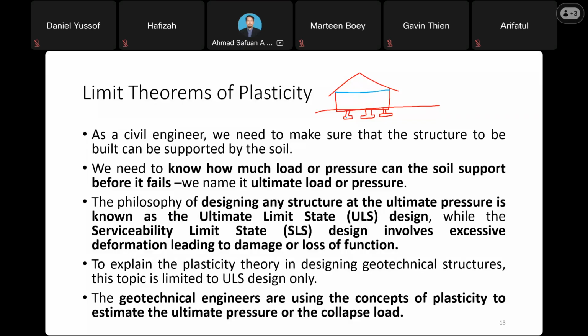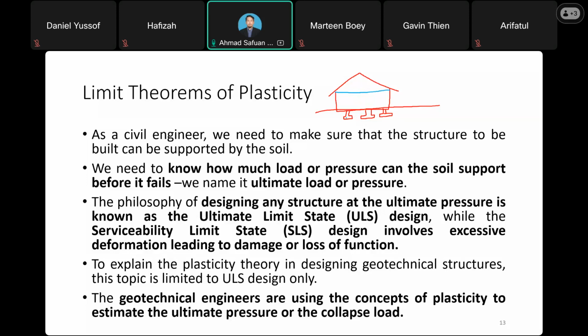From the shallow foundation, it will transfer the load to the soil. So that is the concept of load transfer mechanism for a building to the substructure and to the soil.